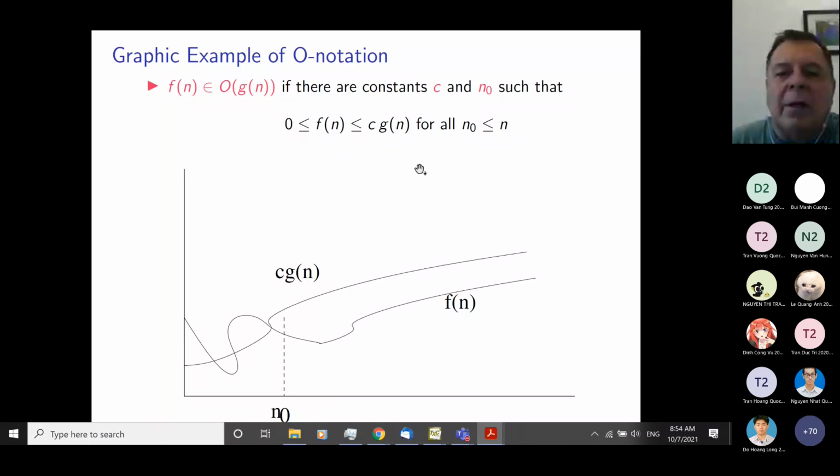So this is the meaning of f(n) is omega of g(n). Some people write f(n) is equal to big O of g(n). It has the same meaning. It means that f(n) is in this set or in this class, but I prefer to use this form to mean that this is really in that set.